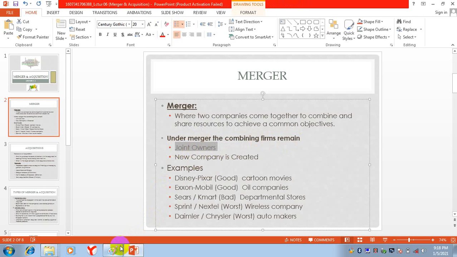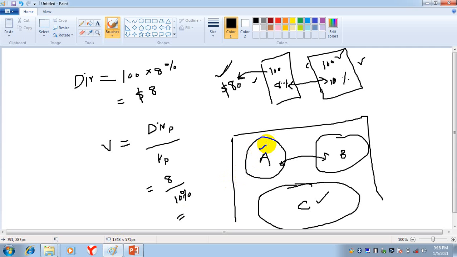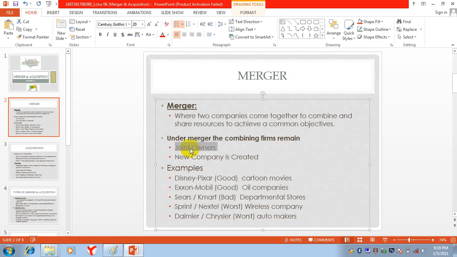There were two owners, owner A and owner B. Previously they were individual owners of company A and B. Now they will be joint owners of company C. Combinedly, they will be the owners of this company C. So they will be joint owners. A new company is created.